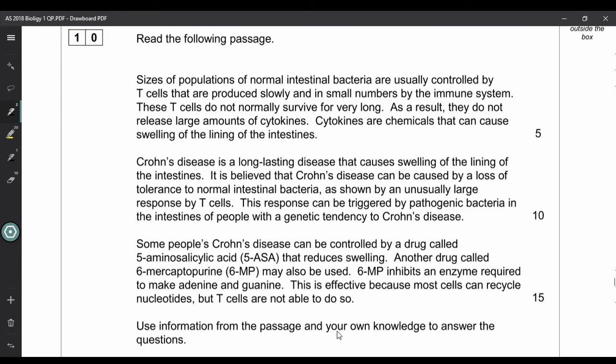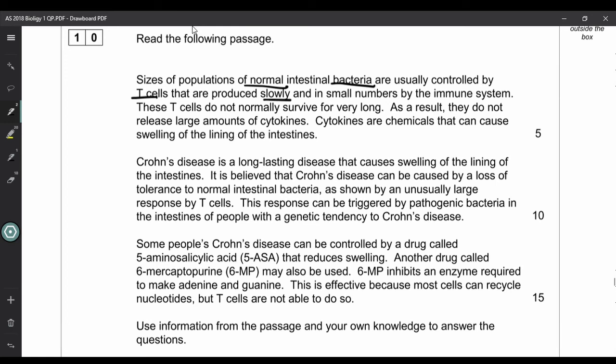So question 10 is a comprehension question. So we're going to have to make use of some of the information that we're actually given in this passage. So what I'm going to do is just go through and underline a few things that pop out. It says sizes of populations in normal intestinal bacteria are usually controlled by T cells. So we've got normal bacteria and T cells, and they're produced slowly and in small numbers by the immune system.